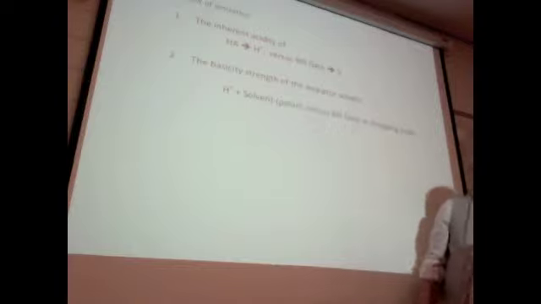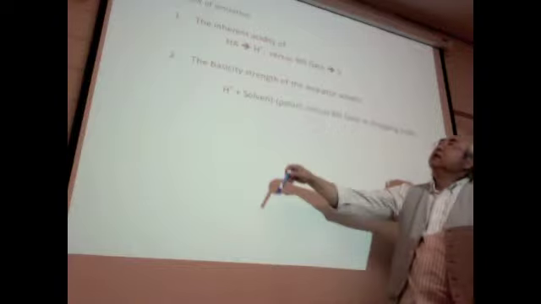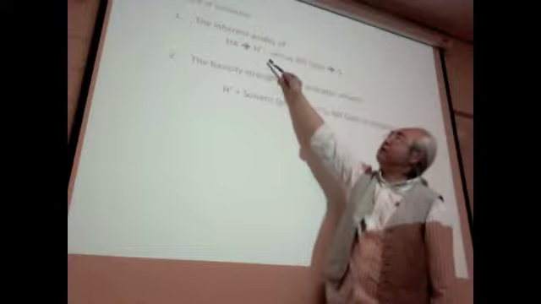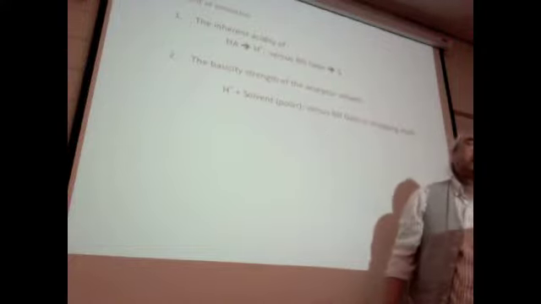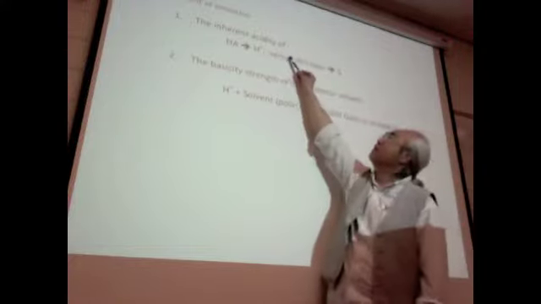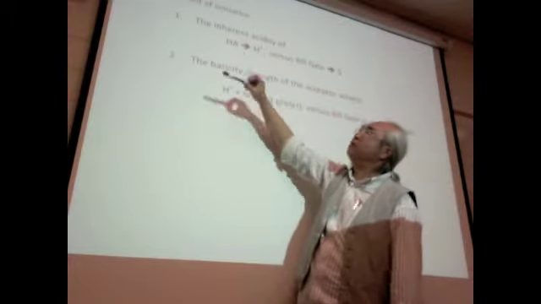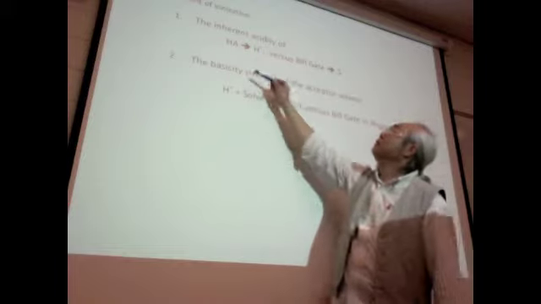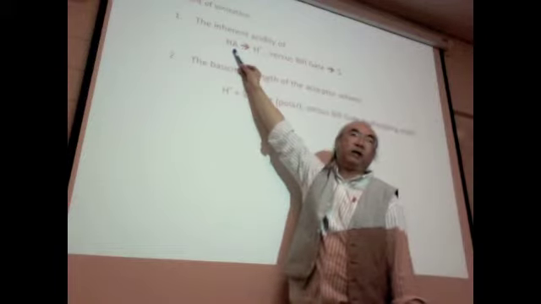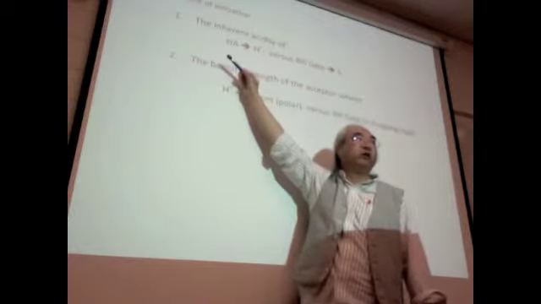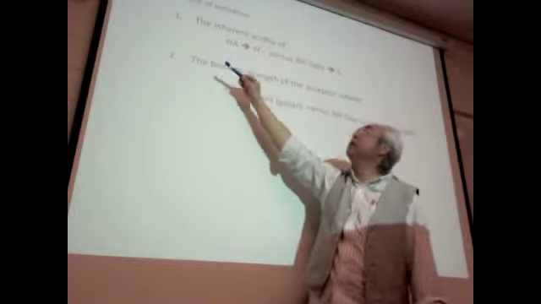You must have two. So the extent depends on two factors. The first one is the inherent acidity to give the proton. For example, if you're looking at a chemical called HCl, then you know inherently it's going to be a strong acid.